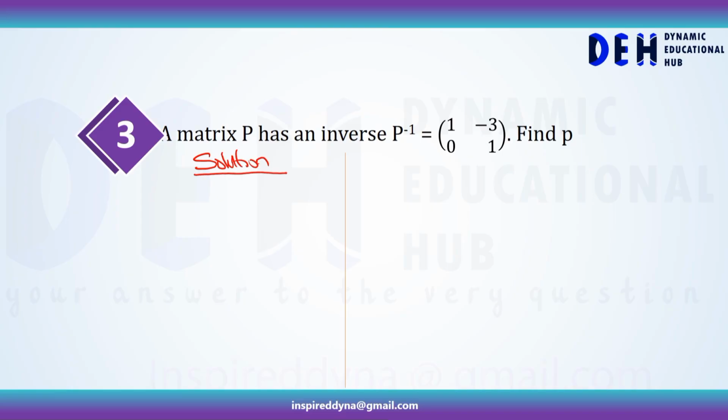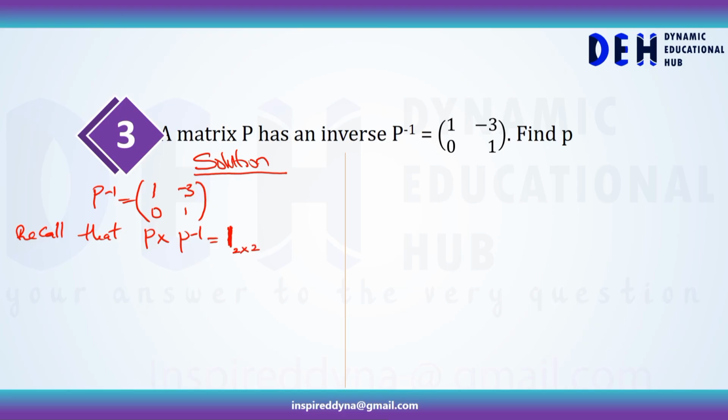Now you are given P inverse, which is given as [1, 0; -3, 1]. That is what you are given in the question. Now you recall that P multiplied by P inverse should give you the identity, a unit matrix of order 2 by 2, because P inverse is 2 by 2.